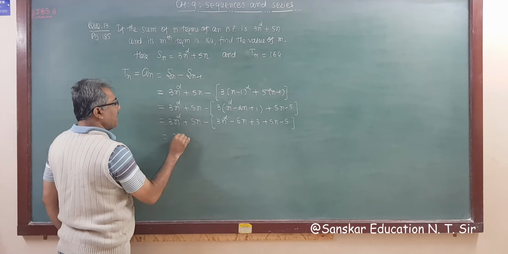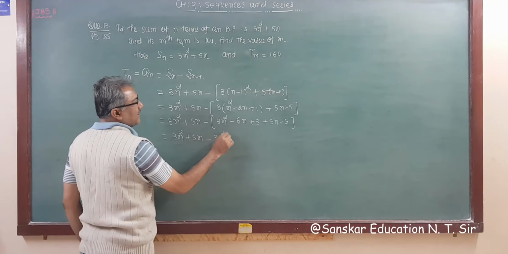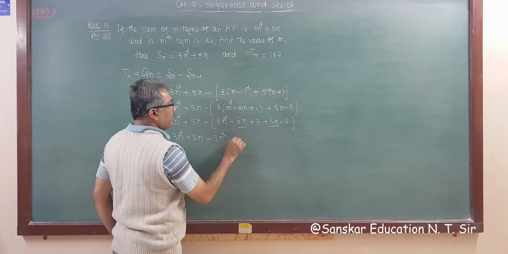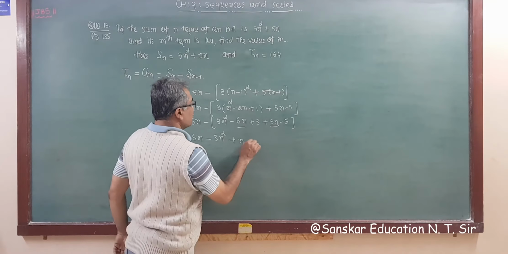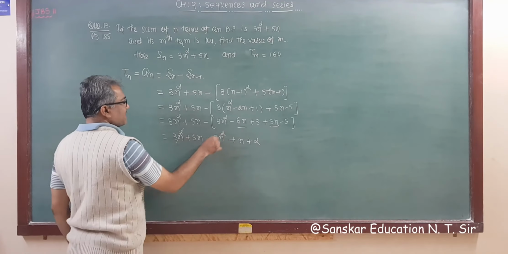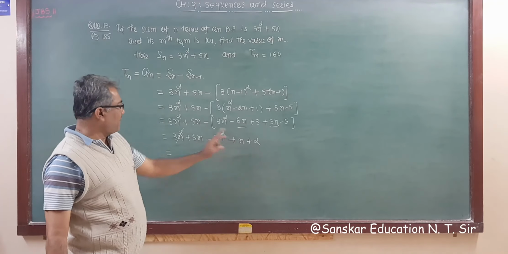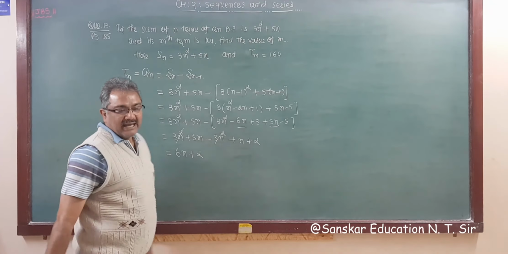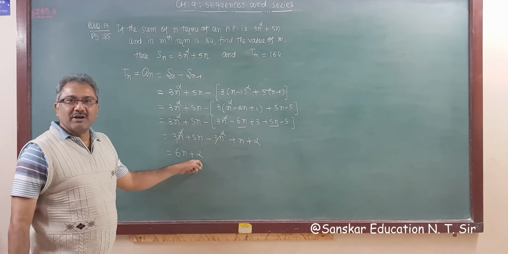So 3n square plus 5n minus 3n square, right? 5 minus 6 is minus n, and this minus becomes plus n. Now 3 minus 5 is minus 2, and this minus becomes plus 2. Got it? So 3n square cancels. So we get 5n plus n is 6n plus 2. So the n-th term is 6n plus 2.